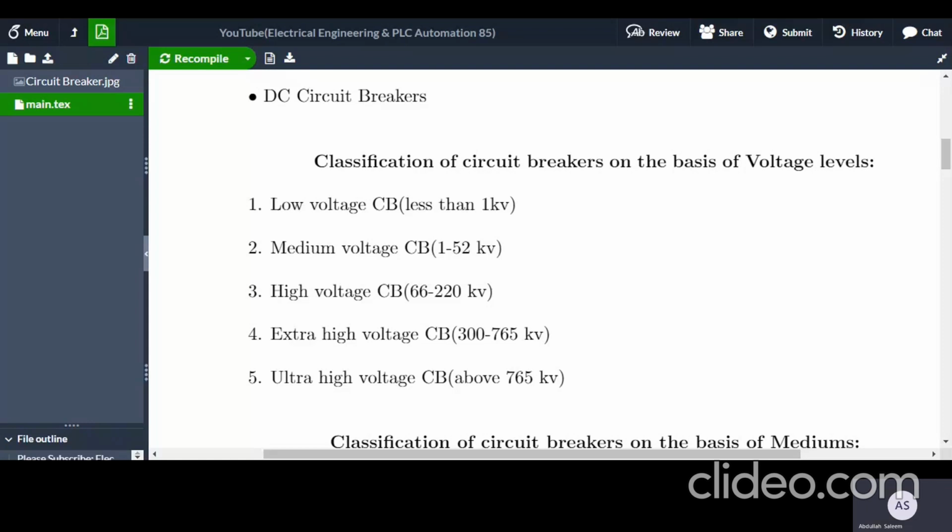Extra high voltage circuit breakers operate in the range 300 to 765 kilovolts. And as far as ultra high voltage circuit breakers are concerned, their operating voltage is above 765 kilovolts.